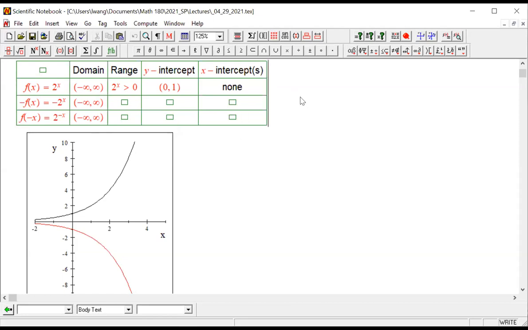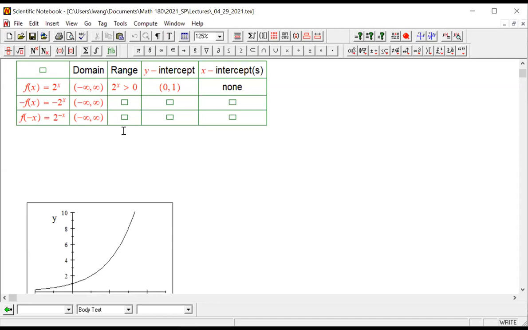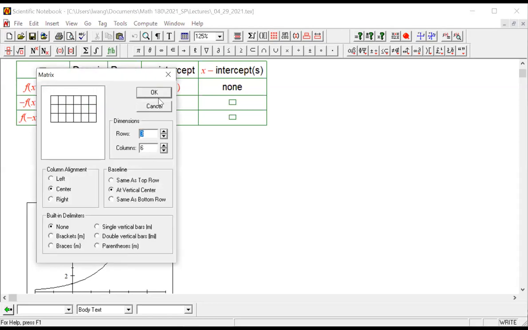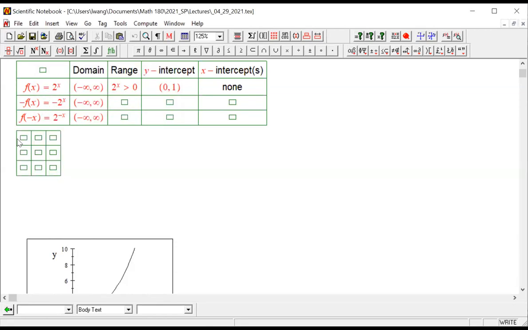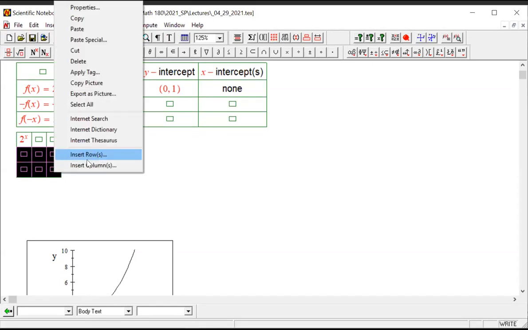To help you see that, I'm going to make a table for these points. We still start with 2 to the power x. So insert rows.